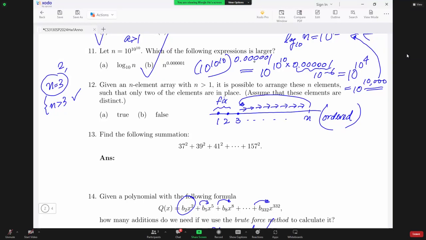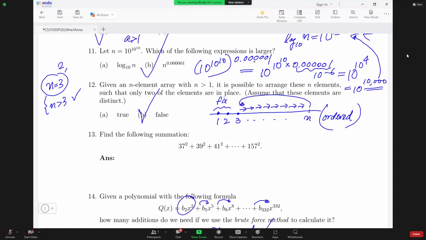If it's not 100% true, then it's not true. So here we treat it as not 100% true. There are 2 exception cases, 2 and 3. So it's not 100% true. So it's false.